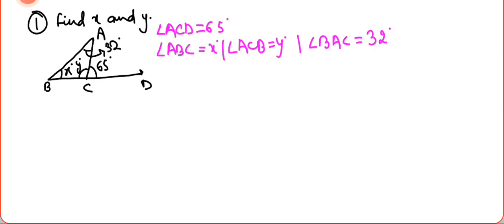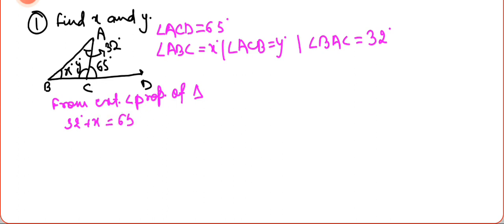But we are supposed to apply the property that we have studied right now, that is the exterior angle property of a triangle. So from the exterior angle property of a triangle, we know that the sum of the opposite interior angles is equal to the exterior angle, that is 32 degrees plus x is equal to 65 degrees.